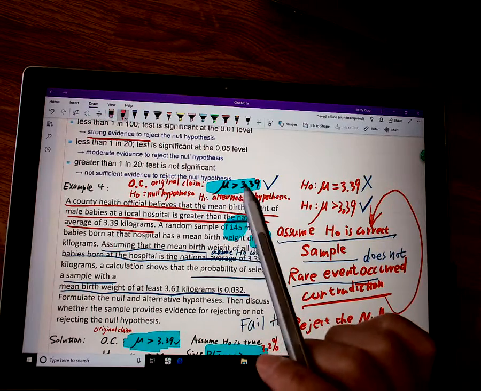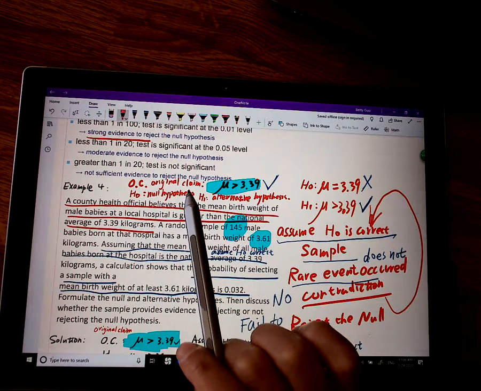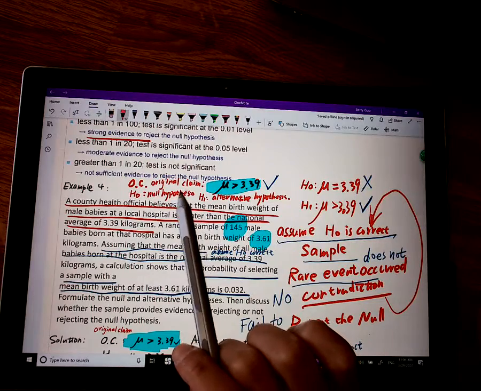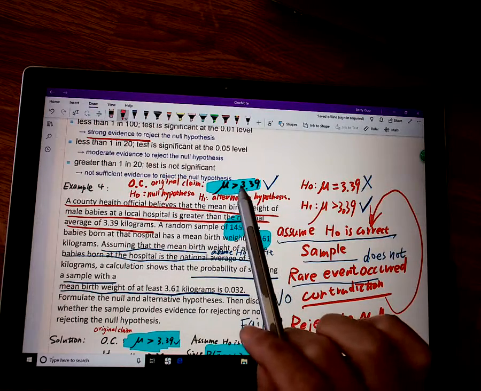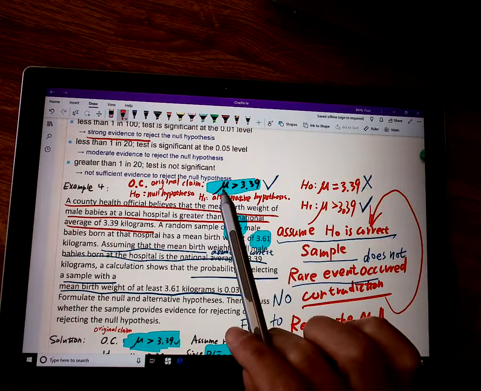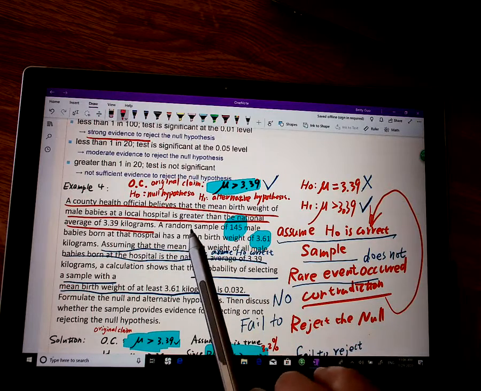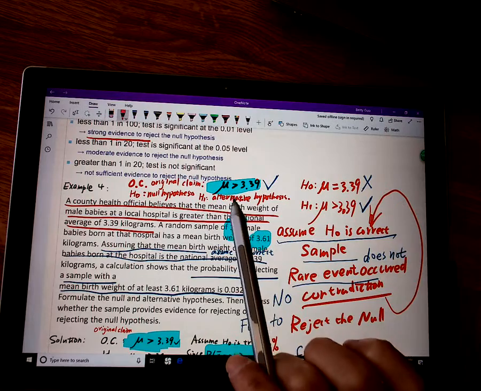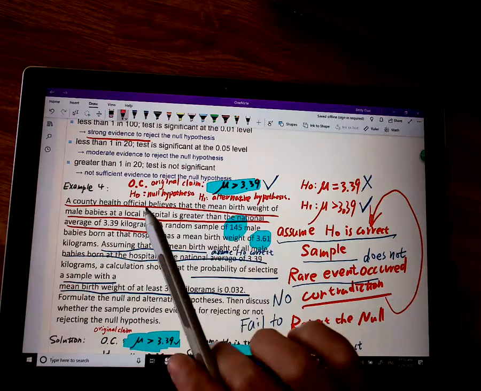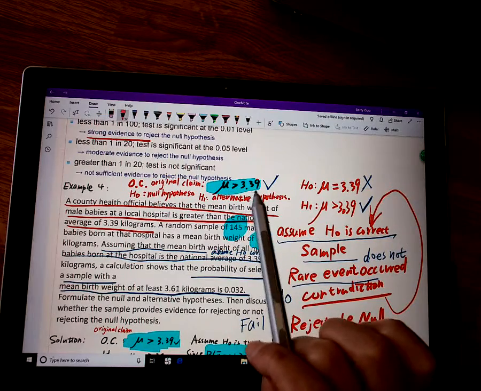Remember, the procedure always starts from identifying the original claim. Yes, the original claim here is mu male bigger than 3.39. The population here is the weights of all the baby boys in the county. The person claims mu male is bigger than 3.39.